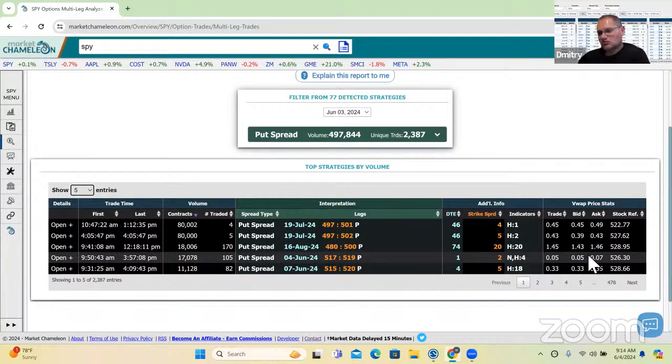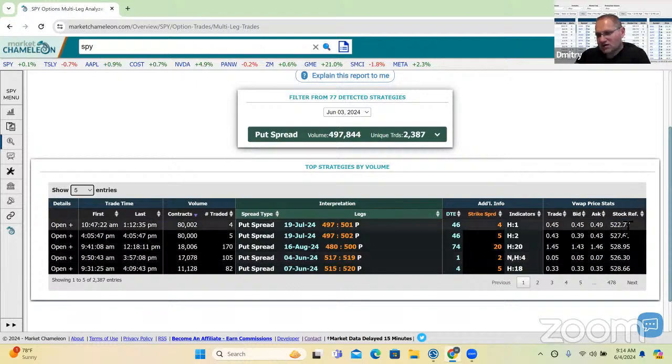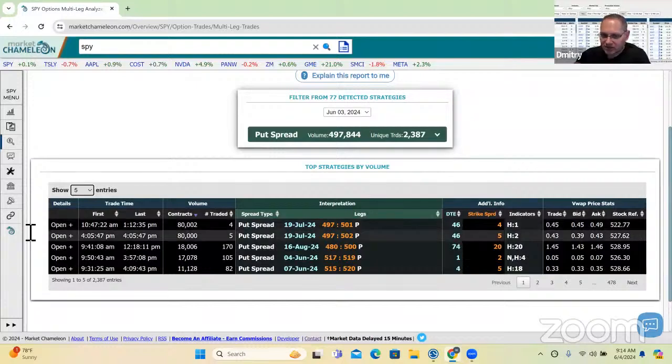And the reference price of the stock, weighted the same way, is 522.77. All right, so then we have these details up here, which we can quickly scan.